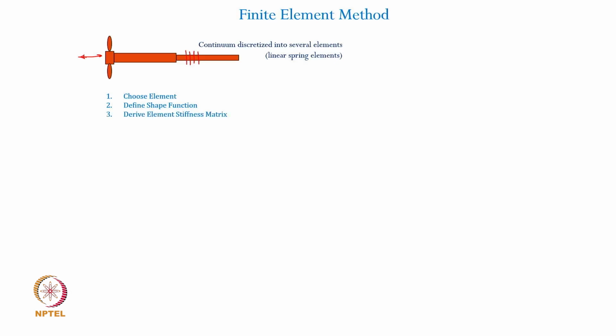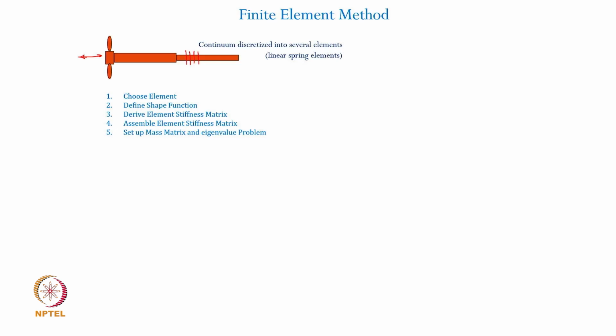Then we derive how each element behaves, in the sense of the element stiffness and mass matrices which define that individual element, and then assemble these element stiffness and mass matrices together to form the global stiffness and mass matrices that will completely model the entire system.